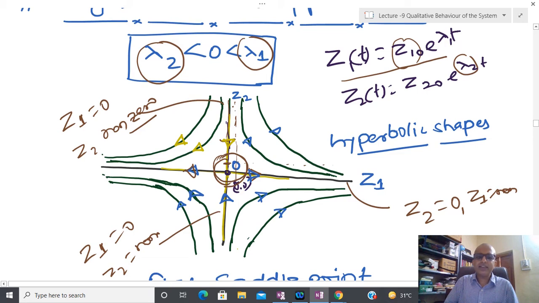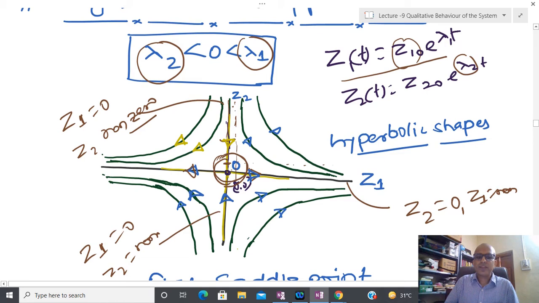Silpi, are you able to hear me? Yes. Okay, so suppose I start nearby of the equilibrium point, what do you think is the behavior of this system?